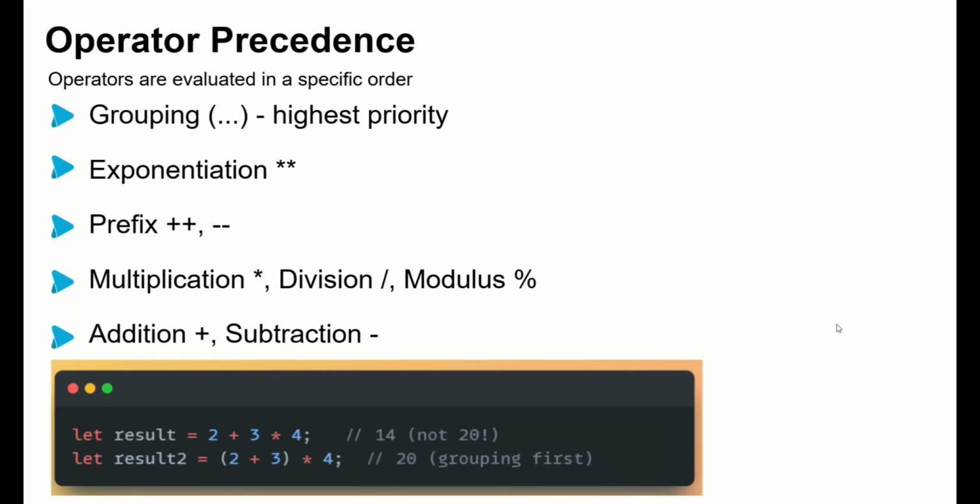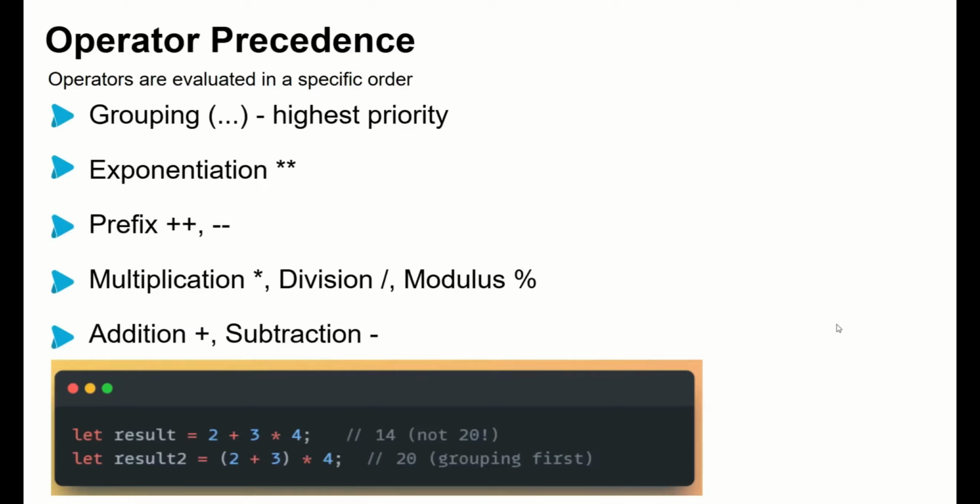The second part, with a higher priority, is the exponentiation, followed by the prefix operators, which are plus plus and minus minus. We also have the fourth part, which is multiplication, division and the modulus. The last part is addition and subtraction.